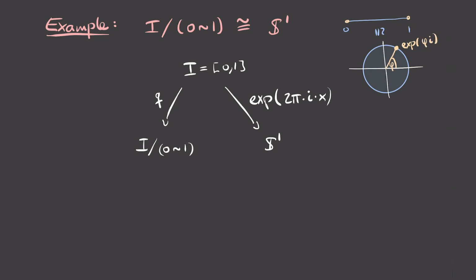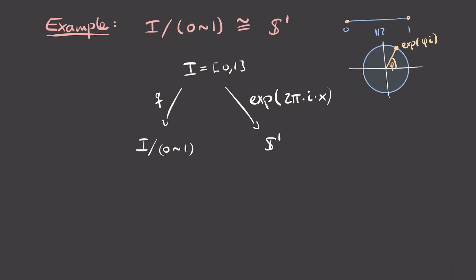Now, if you think about us going around the circle, increasing the angle, we start with x equal to 0. There, our image point under the exponential map is here, and then we increase x up until the point where x is equal to 1, and then the angle becomes 2 pi. Remember, we're multiplying by this factor 2 pi, and at the point where x is 1, our angle is 2 pi, and we're again at the same point we started at.